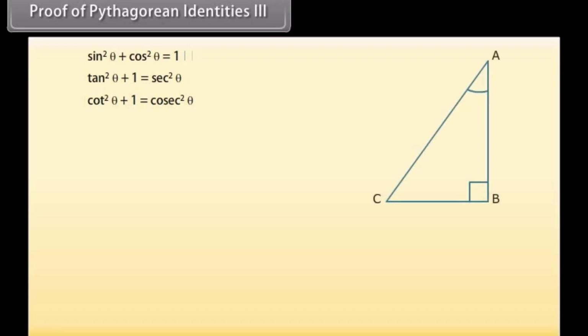Proof of Pythagorean identities 3. The last identity is cot² θ plus 1 is equal to cosec² θ. To prove this, we will again take a right triangle ABC. So, by Pythagoras theorem, AB square plus BC square is equal to AC square.